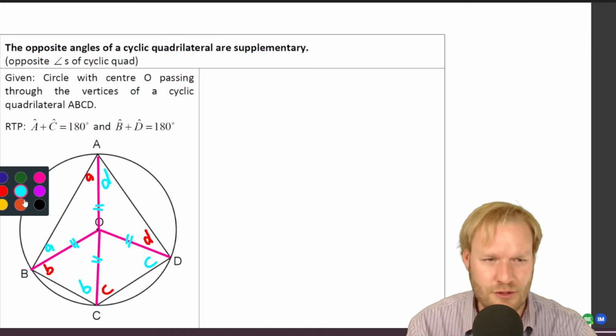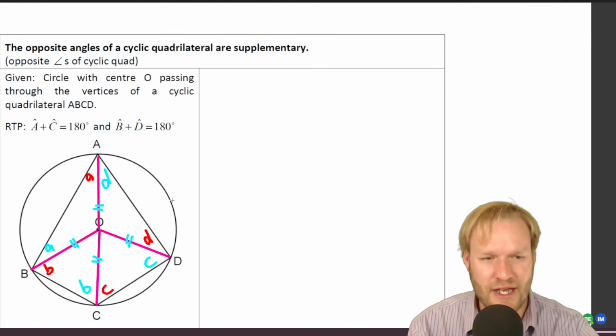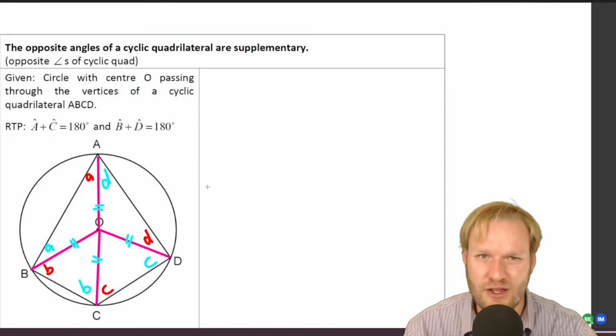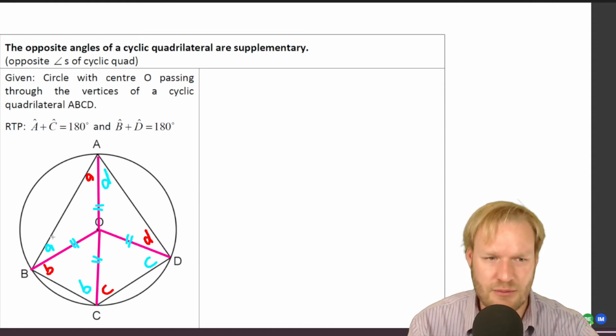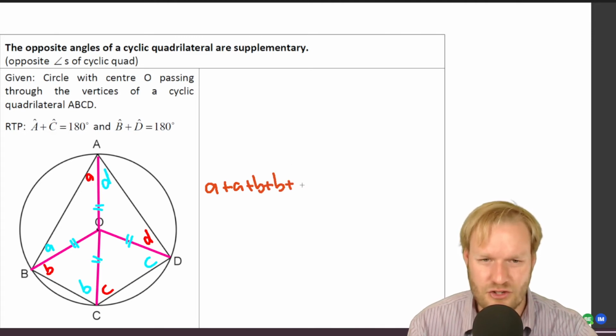So the way this proof looks now is that if we add all of those things together, we should get 360 because it's a quadrilateral. So we could go A plus B plus B plus C plus C plus D plus D plus A equals 360. I'm just going to do this here because I want to show that thinking, but I'm leaving space for our constructions.